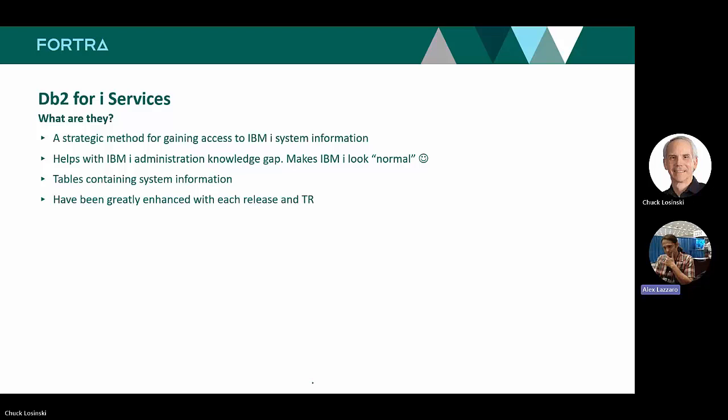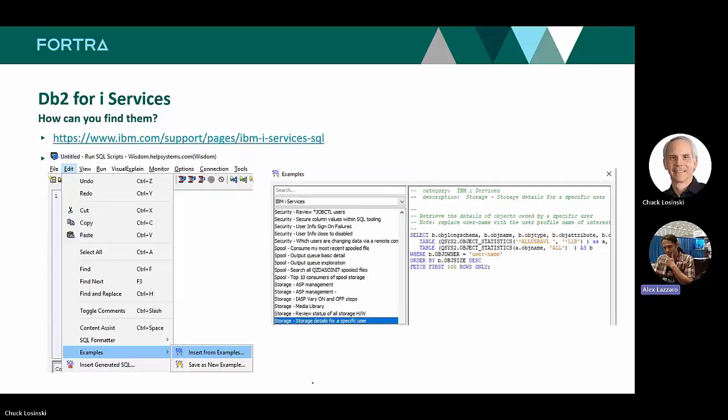They are tables containing information, but not only tables. You also have table functions, views, and procedures, and they have been enhanced a lot since 7.1, through 7.2, and now through all the TRs and the different group PTFs to what we have now.